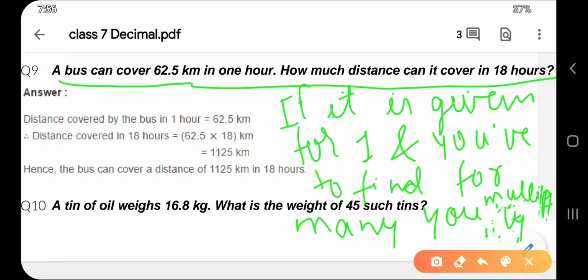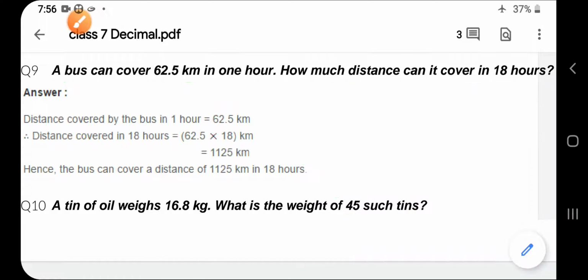This is a very important thing, that if it is given for 1 in the question and you have to find for many, you have to multiply. If possible, you can write it somewhere so that it would be helpful to you in future and you will not forget it. Okay, so let's begin.